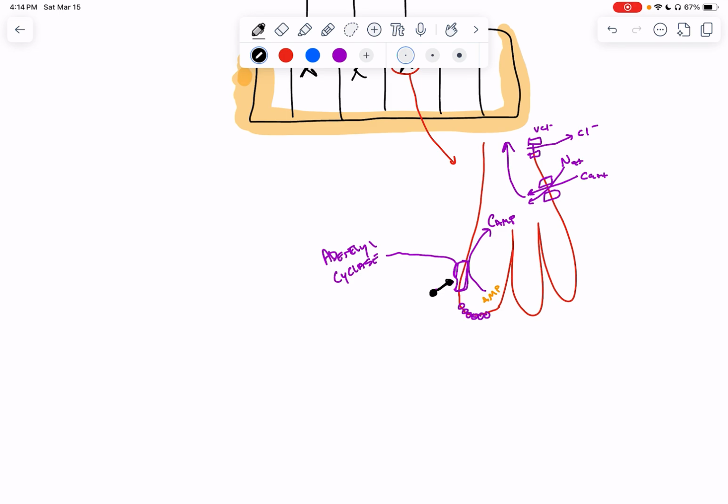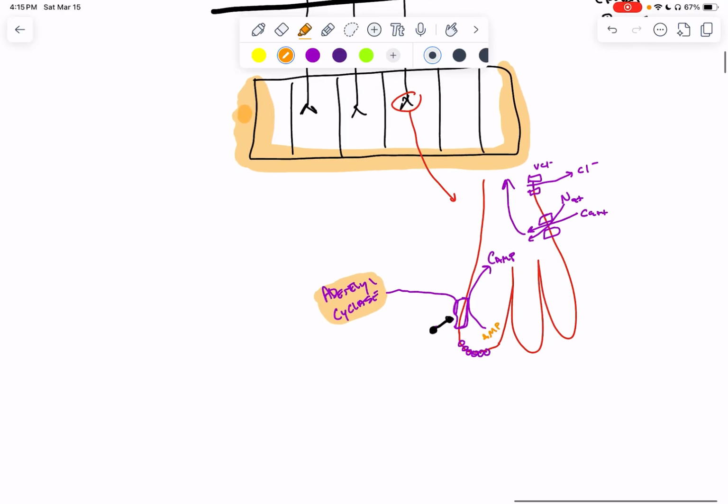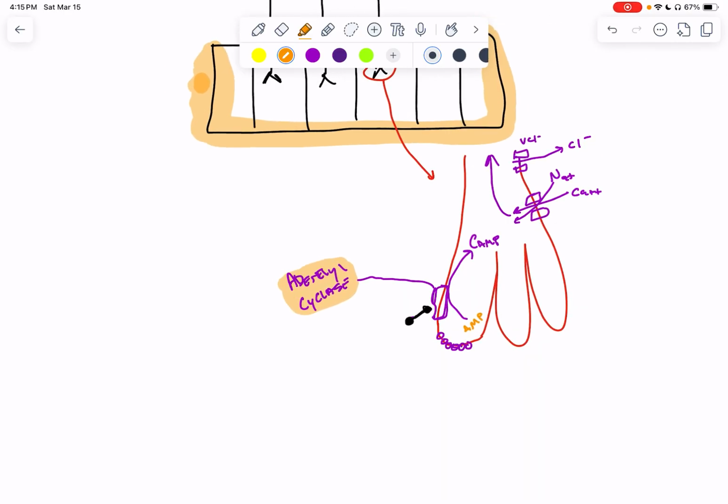So on the surface of these olfactory bulbs, you have a molecule called adenylyl cyclase. And adenylyl cyclase is responsible for a conformational change that, when activated, turns AMP into cyclic AMP. So you'll see that transition from AMP to the well-known cAMP, as we see through many different physiological processes in the body.